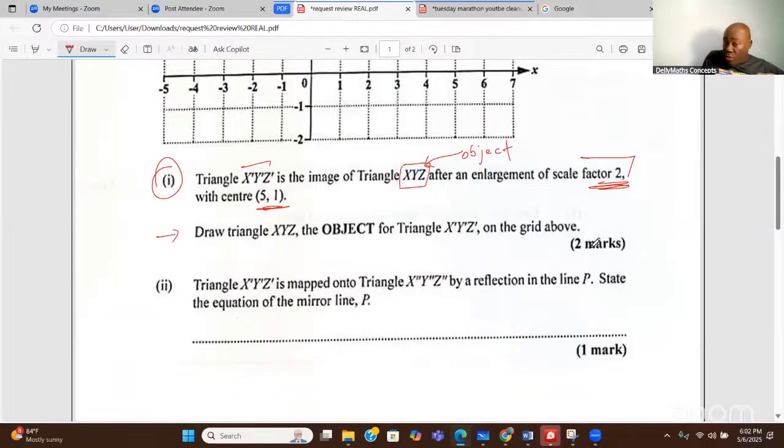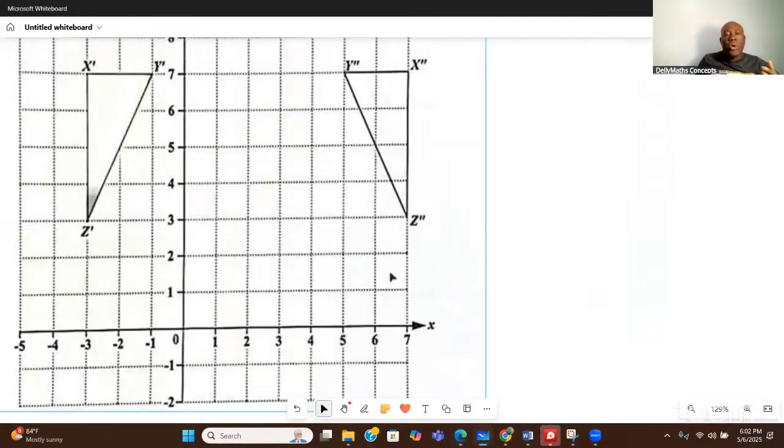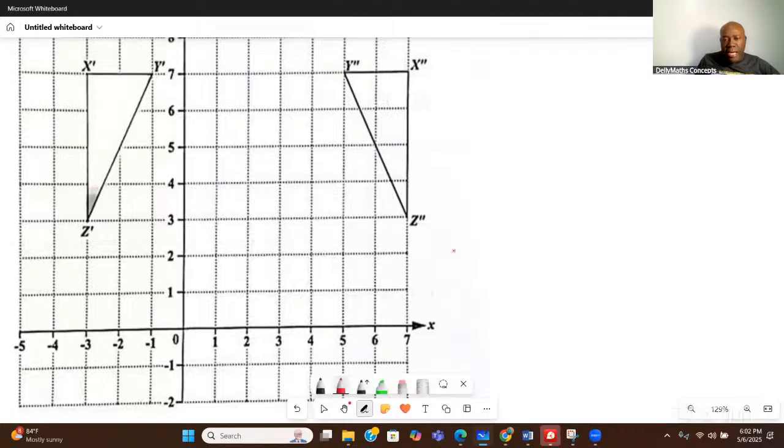The first question, for 2 marks, says draw triangle XYZ, the object for triangle X prime, Y prime, Z prime, on the grid. So on my grid, we want to draw the original thing, that was there first.